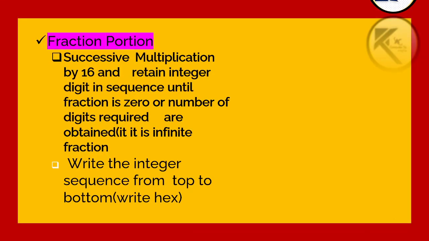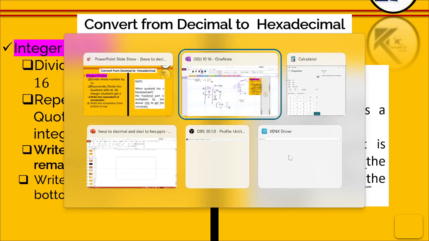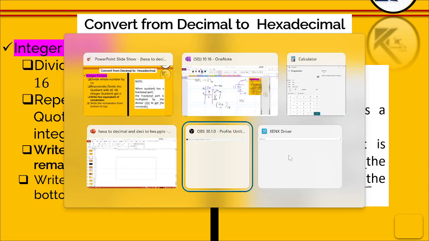Let us see that. It says when the quotient has a fraction part, the fractional part is multiplied by the divisor 16 to get the remainder. Sometimes when we use a calculator, the quotient will generally be given with a fraction. But sometimes, even if we are doing manual calculation, our quotient will have a fractional part. So let us see both the cases.